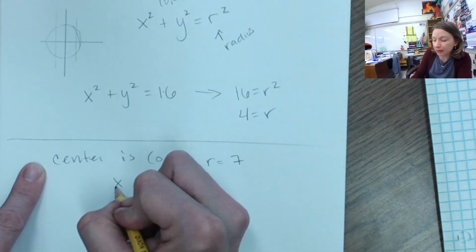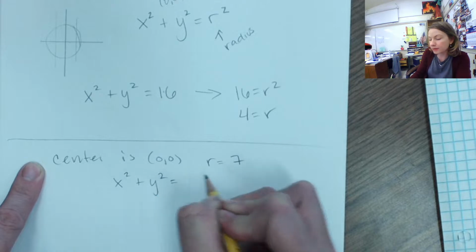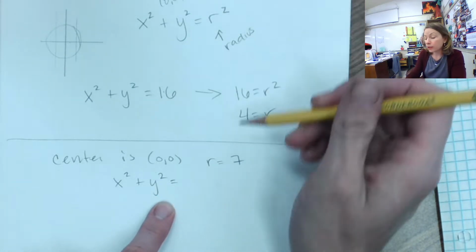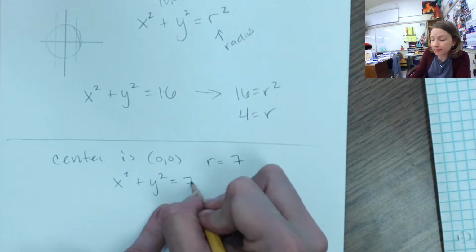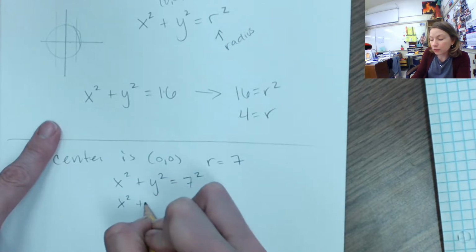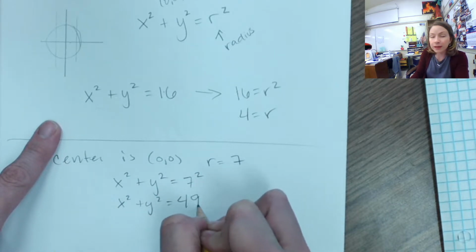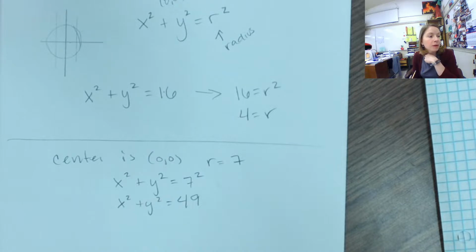So I know that I've got x squared plus y squared is equal to r squared. They told me my radius is 7, so that's 7 squared. X squared plus y squared equals 49.